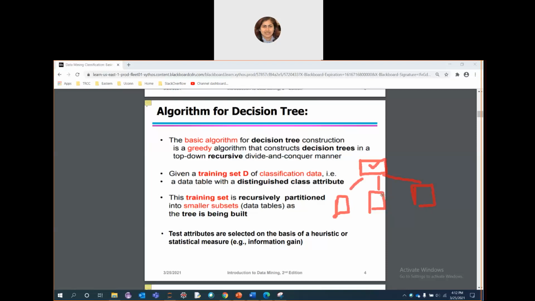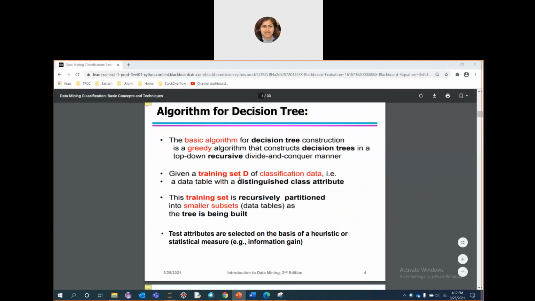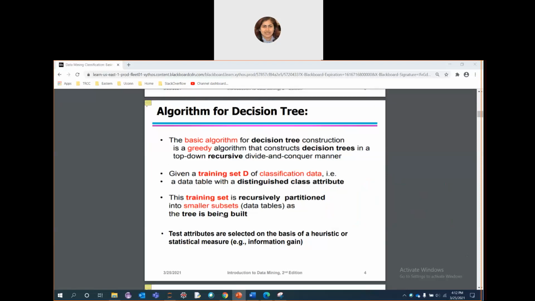Now these two steps that I just told you will be repeated on each subset, again and again, until you find the leaf nodes in all the branches of the tree. This is how the decision tree making algorithm works.